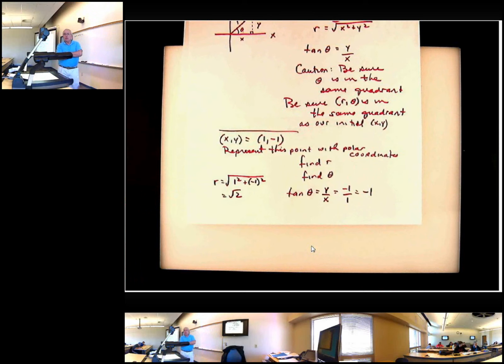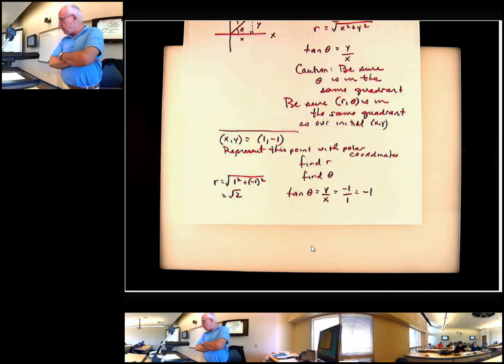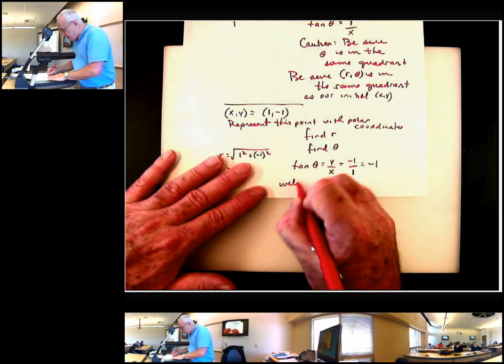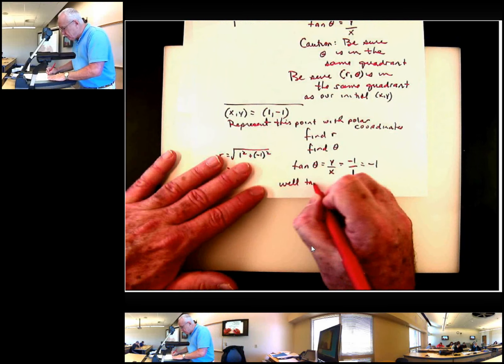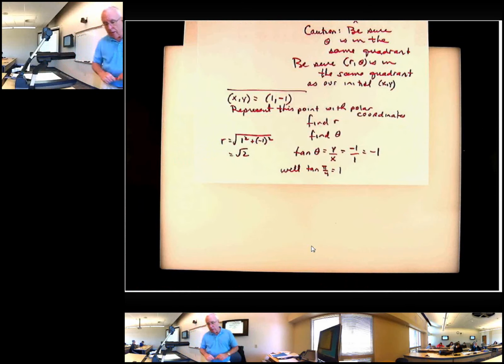Okay. What angle, well, first of all, what angle has a tangent equal to positive 1? Pi over 4, 45 degrees, okay? So we can kind of think out loud to ourselves, well, the tangent of pi over 4 is equal to a positive 1.